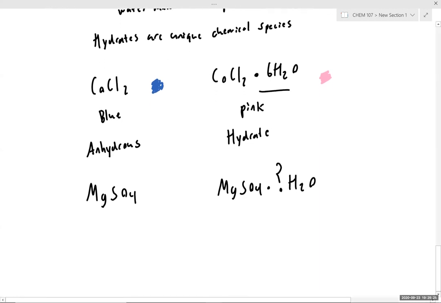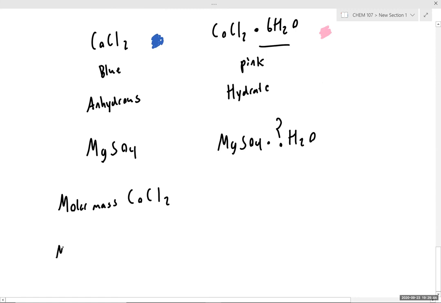However, what we can do is compare the molar mass of our anhydrous and our hydrate, and we'll notice something that's really interesting. So let's look at the molar mass of cobalt chloride and I'd like you to compare it to the molar mass of cobalt chloride hydrate.